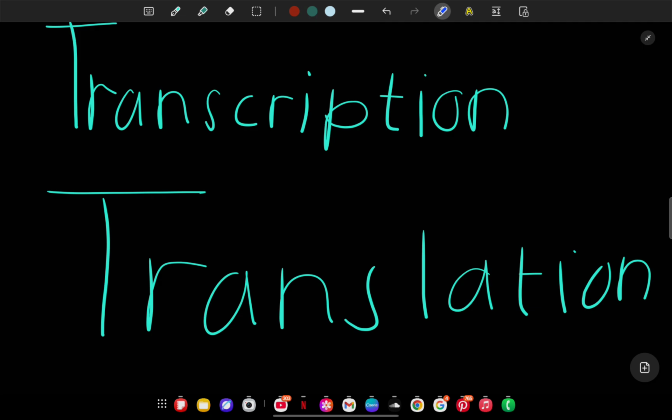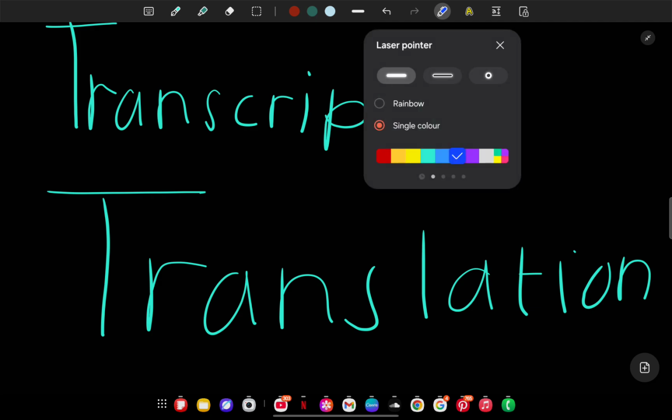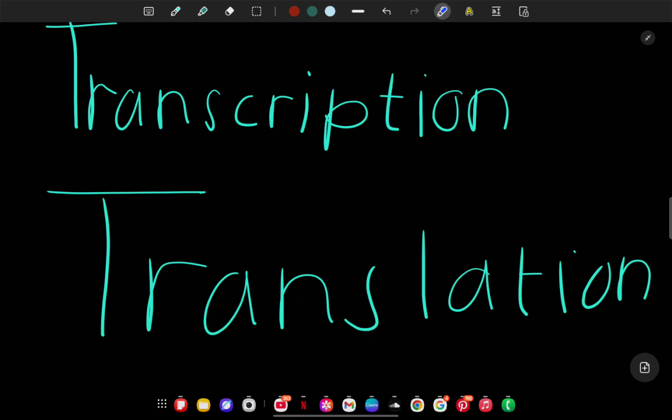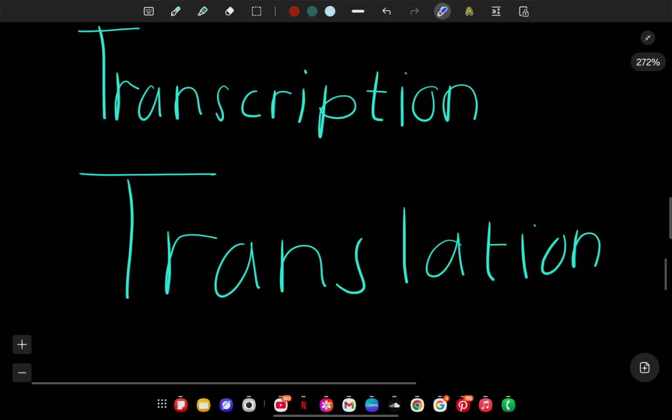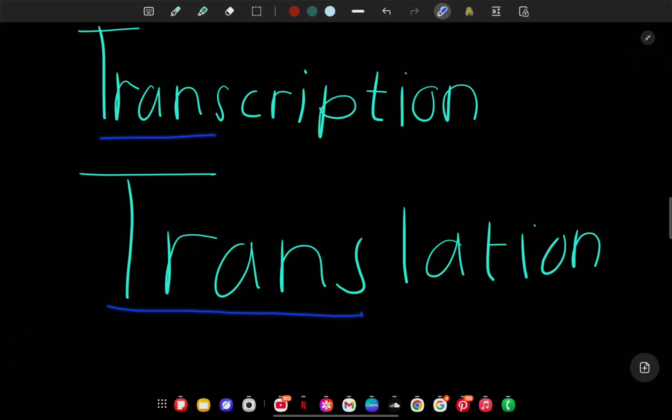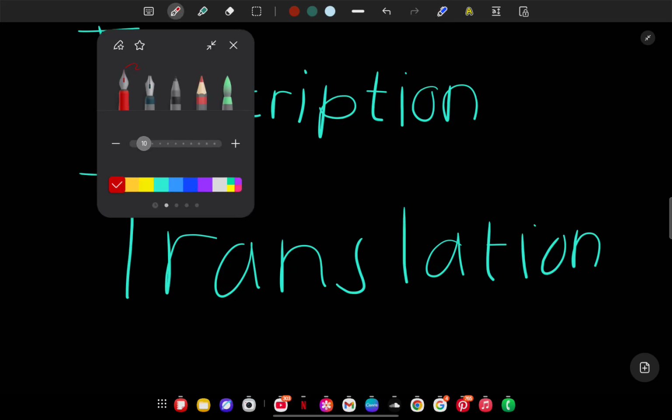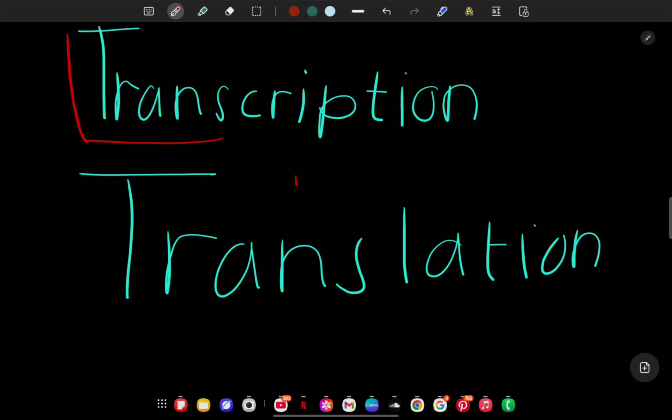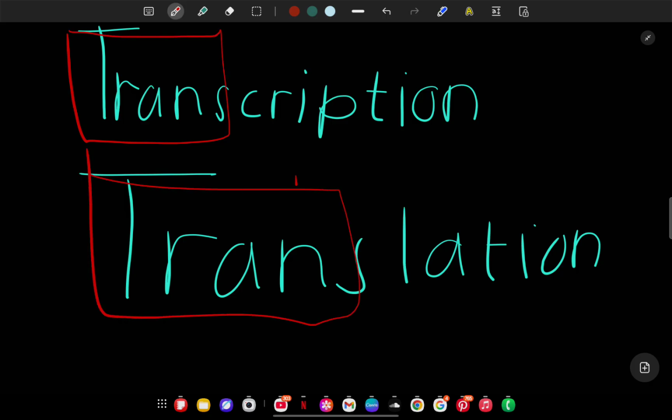This is just a little trick I used to use when I got confused during protein synthesis. You see that both words have the word trans. Right after the word trans comes the letter C, and here comes the letter L.